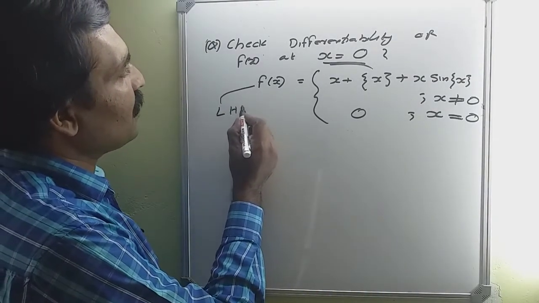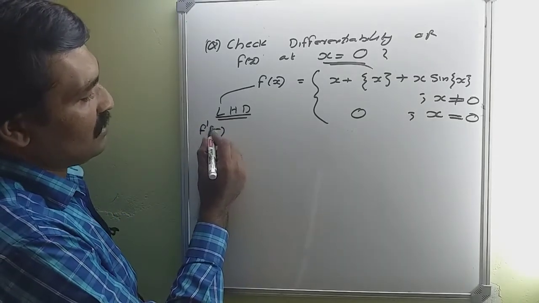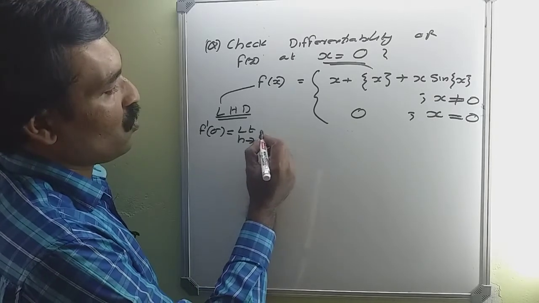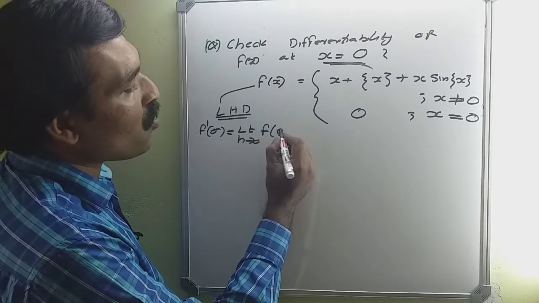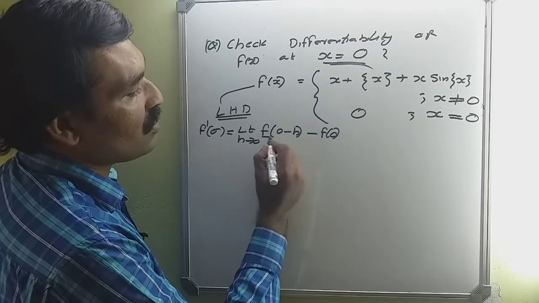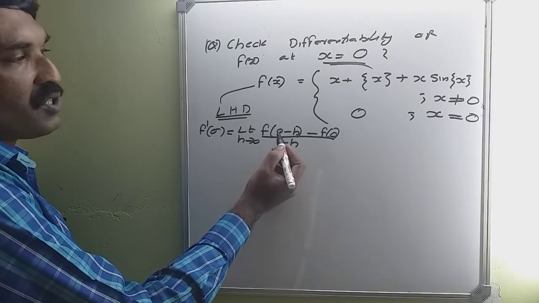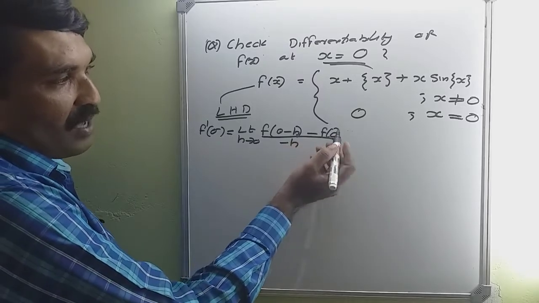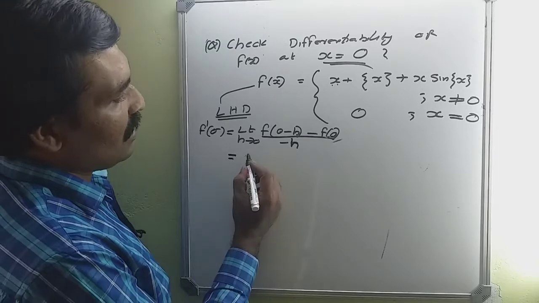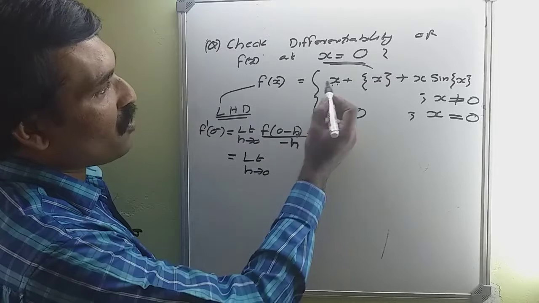Left hand derivative f dash 0 minus is equal to limit h tends to 0 f of 0 minus h minus f of 0 divided by minus h. Here a is equal to 0, so a minus h is 0 minus h, and f of a is f of 0. So limit h tends to 0 f of 0 minus h.